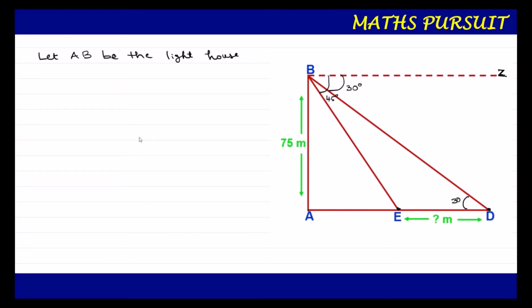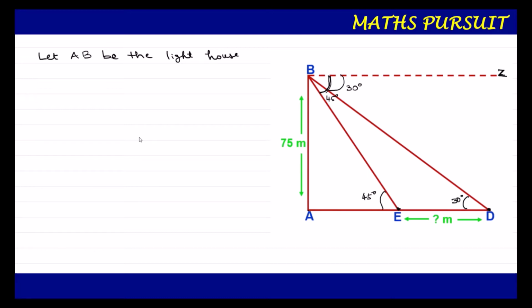Similarly, if this angle is 45 degrees, this angle will also be 45 degrees, because these are alternate angles. I hope you understand what alternate angles are, but we can discuss those types of angles in a different chapter.